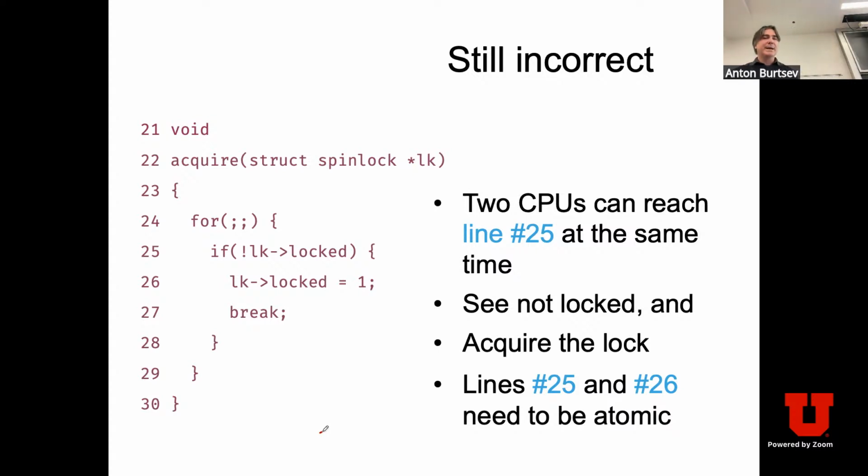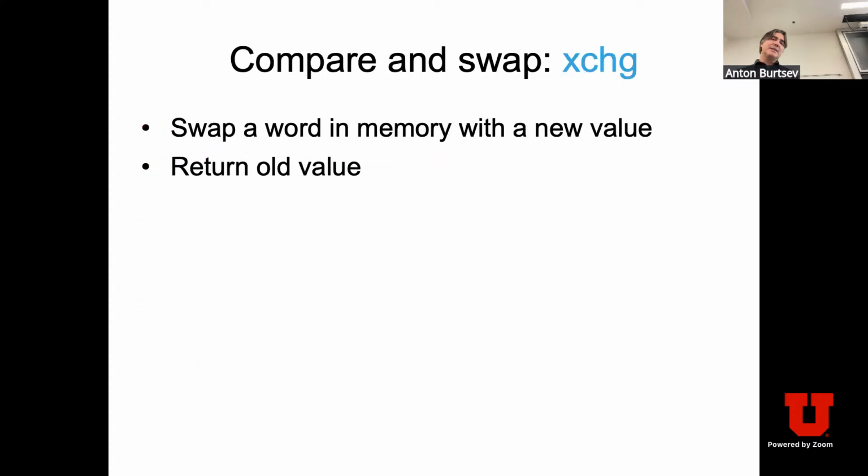Kind of, and I'm not actually saying that it should be an increment. Instead of an increment, the CPU provides a different instruction called exchange. Exchange essentially swaps the value in memory with a new value, but returns the old value, and it does it atomically.